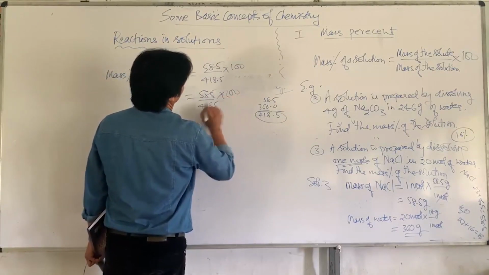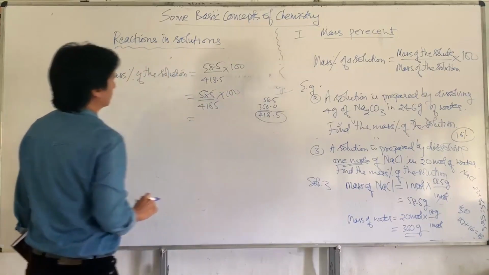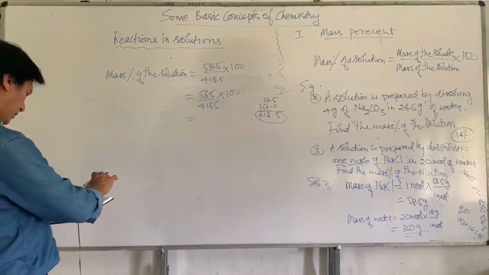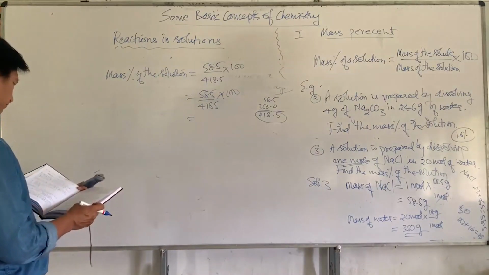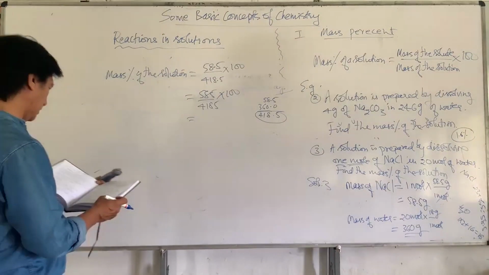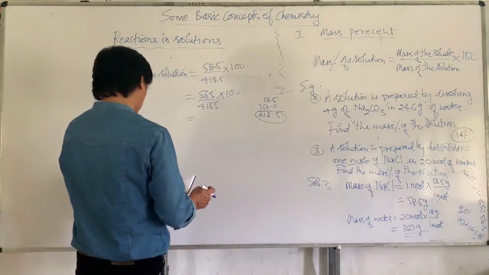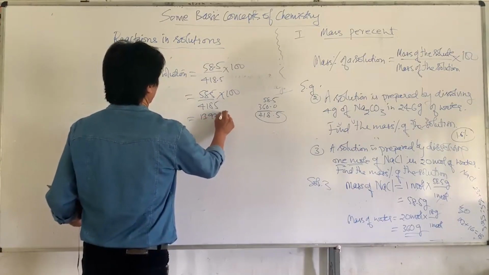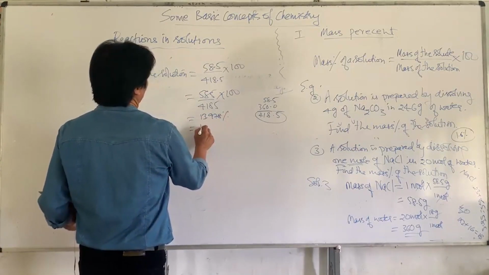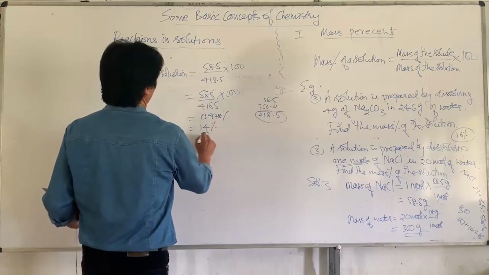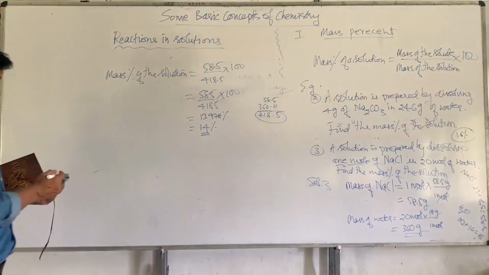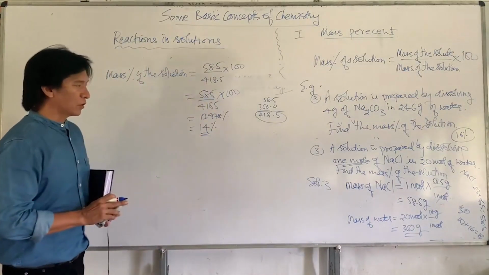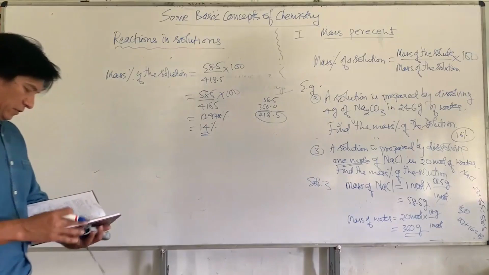When you simplify this expression, the answer I've got is approximately 13.978%, or you can take it as approximately 14%. So 14% of the solution is made up of sodium chloride. That's the third example for you.